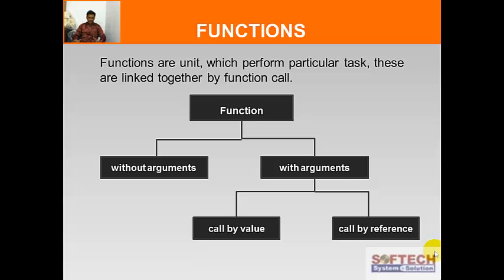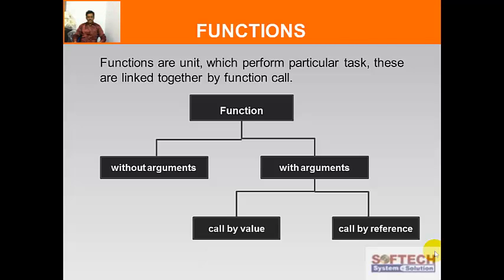Some functions require some value, process it, and then return the result. Some functions do not need any value but still process and give some service. If the function requires some value, this is an argument, the function with argument. If the function does not need any input, that is function without arguments. Function with argument is further divided into two types: call by value and call by reference.